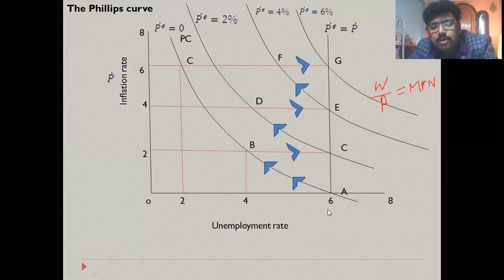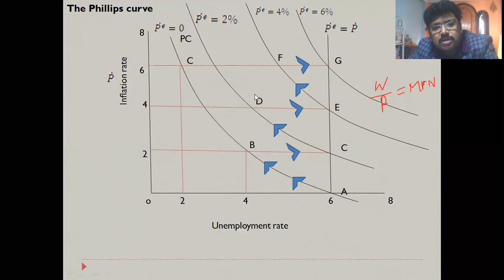Now, this is the situation with inflation rate too. Now, government increases the money supply again. Suppose 4% inflation is there, and unemployment reduces.